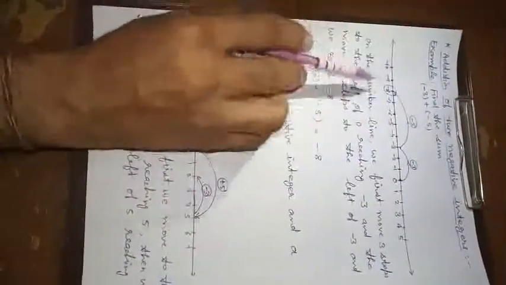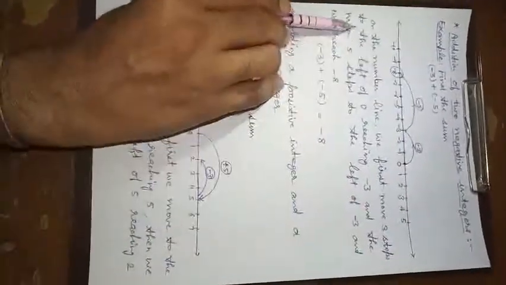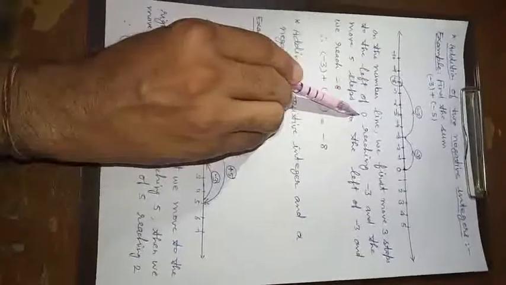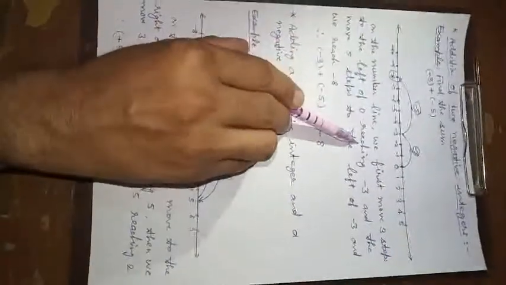To find the given sum, on the number line we first move 3 steps to the left of 0, reaching minus 3.